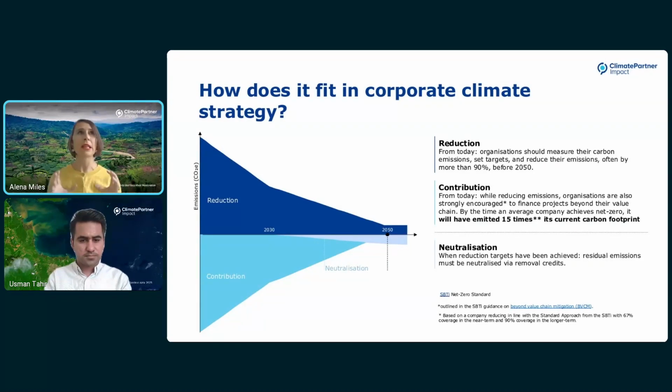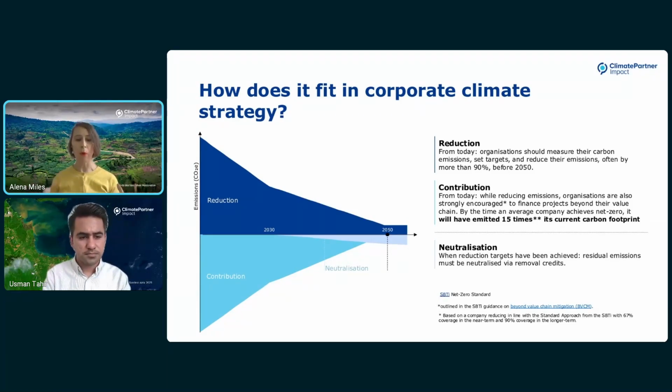Number two, and this is really important, and I feel that this is the part of the conversation that often gets missed, is that while the companies are doing an amazing job focusing on internal reductions, they're still emitting, and most of them are still emitting quite heavily. In fact, there are calculations that say that on average, by the time a company has gone to net zero, they would have emitted 15 times their carbon footprint, which is huge.